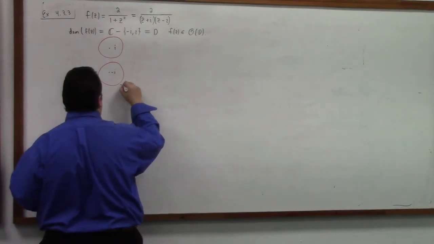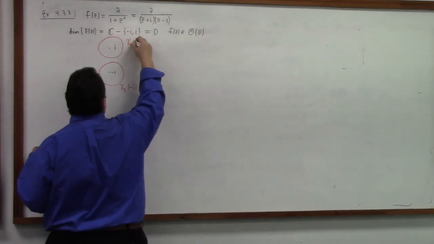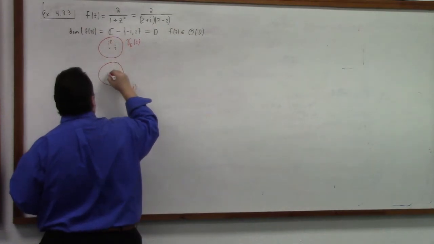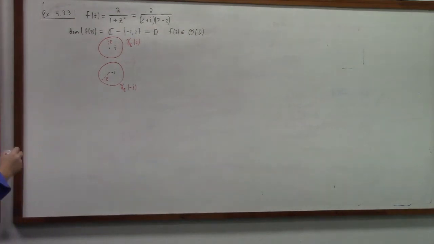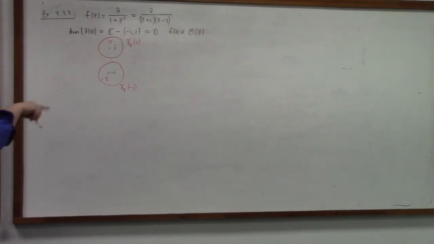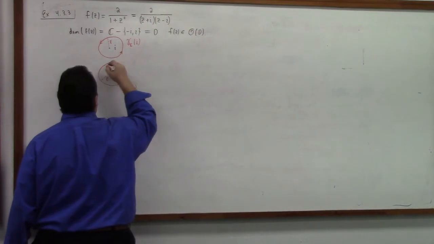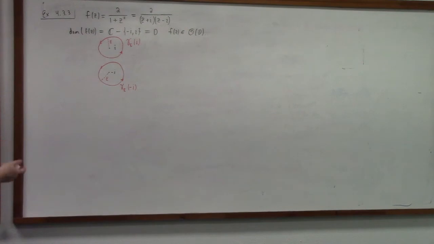So this one would be gamma epsilon of minus i, and this one would be the circle of radius epsilon around i. Are they not intersecting? Not unless epsilon's bigger than 1. And I want to let those be counterclockwise, and I want to study the integral of f of z around these circles.